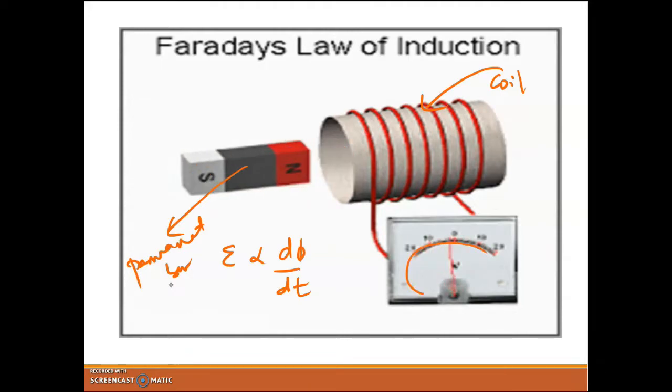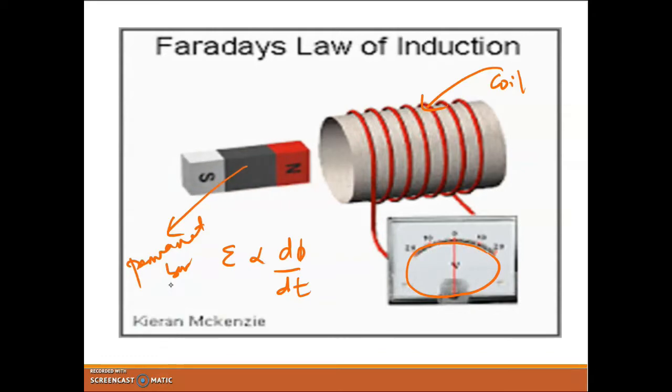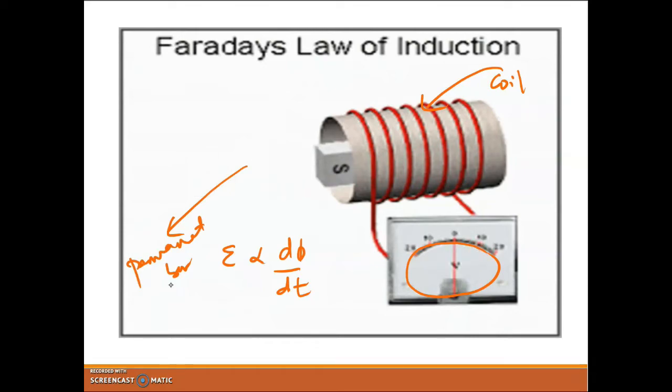That's why this voltmeter shows deflection. Okay, when there is increasing or decreasing of magnetic flux, there will be induced EMF and induced current in the coil.